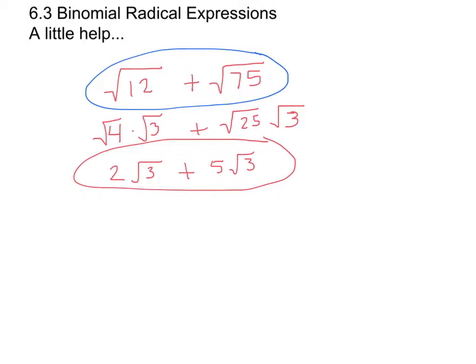They're both square roots, and they both have 3 as their radicand. So their sum is 7 root 3. So don't give up right away if you aren't dealing with radicals with perfect squares. You may just be able to use perfect squares to further simplify those radicals in an expression.